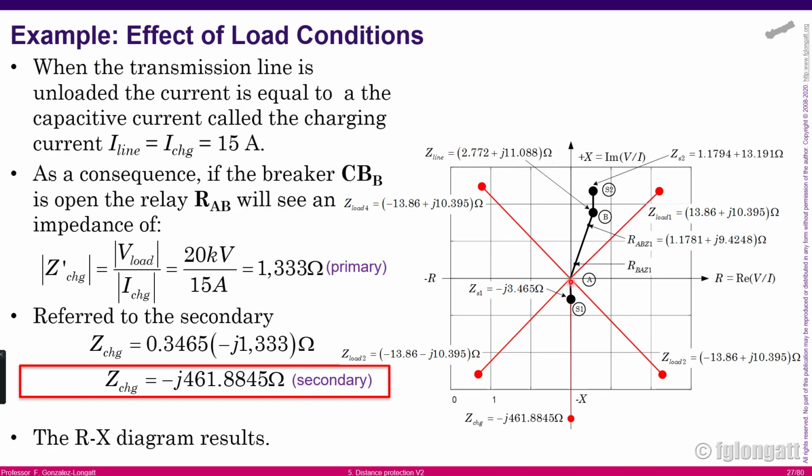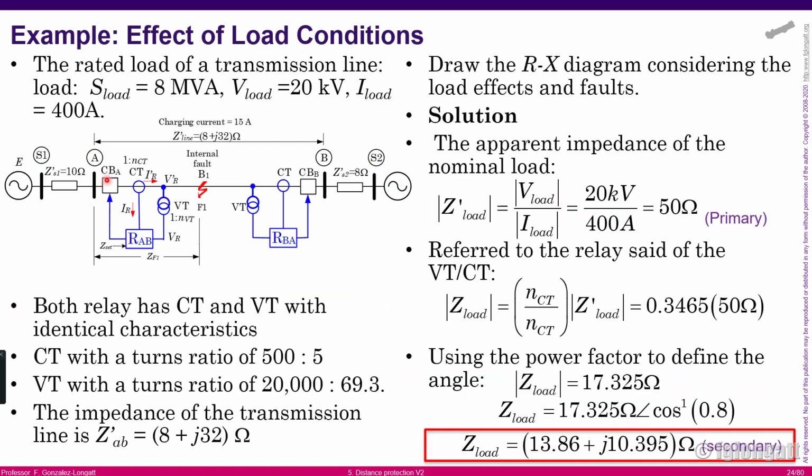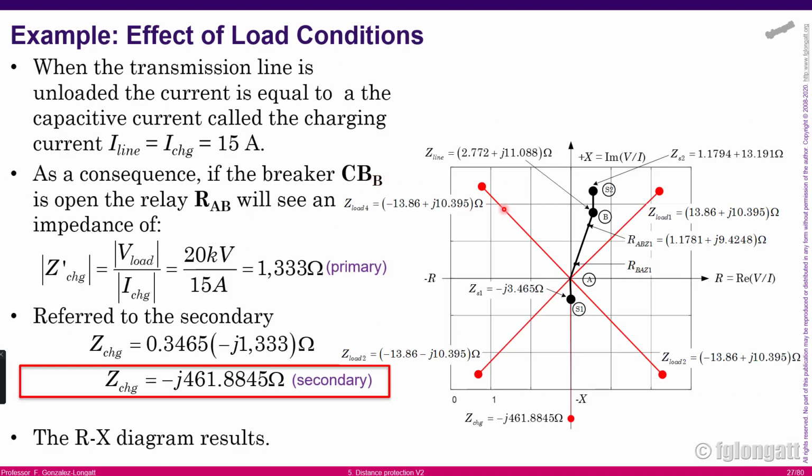What I am presenting here going down is the impedance coming from the source number 1. And what I am presenting between B and S2 is the impedance coming from the source number 2, okay? If you come back here, I have two sources. One source is S1 and the second source is S2, okay? And here you can see the impedance for the source 1 and the impedance for the source 2, okay?